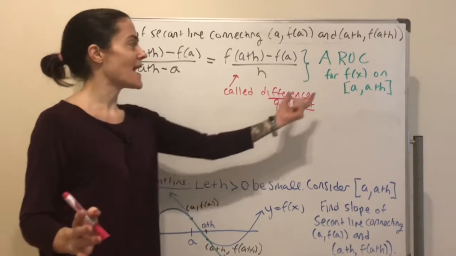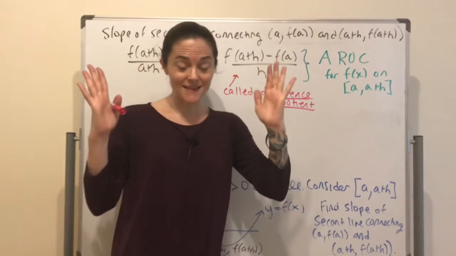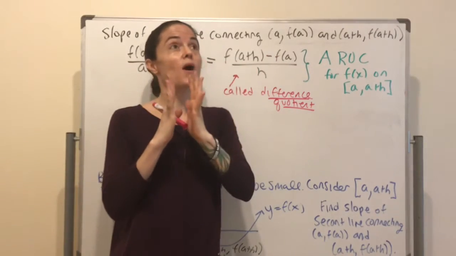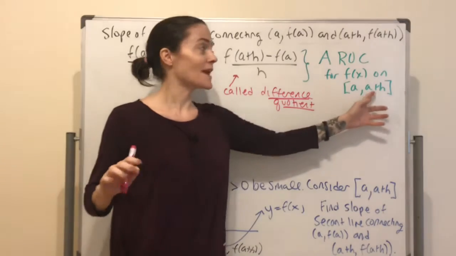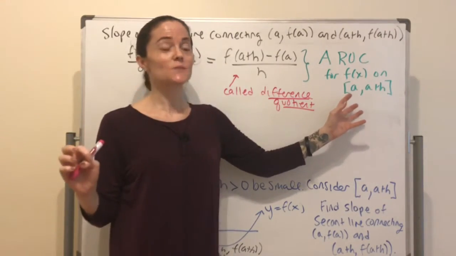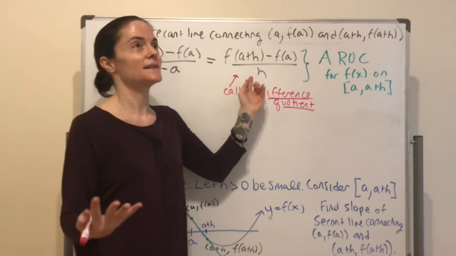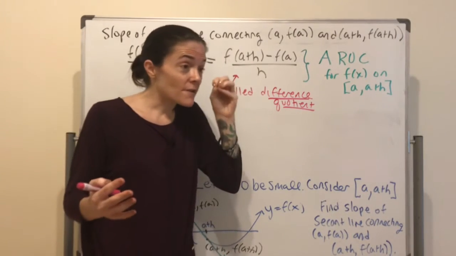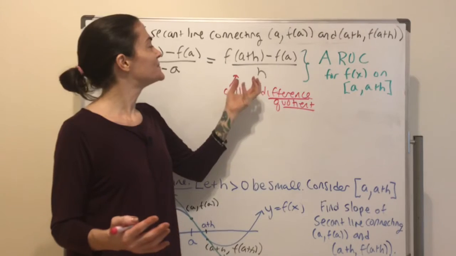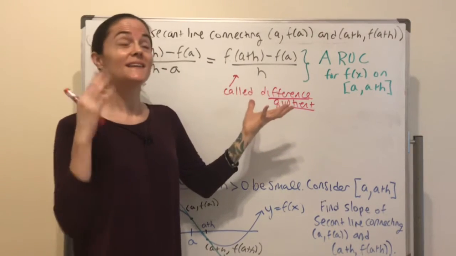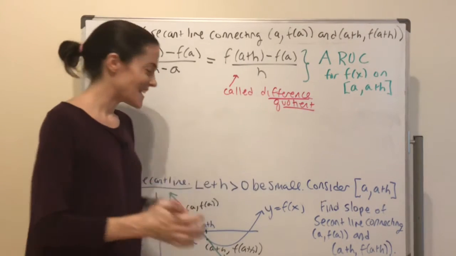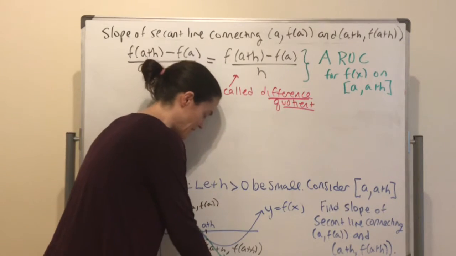The interval will get very, very small. But don't actually let h equal 0, because as we saw, when h equals 0, this difference quotient is undefined. But for h very, very small, this is how we will calculate the instantaneous rate of change.